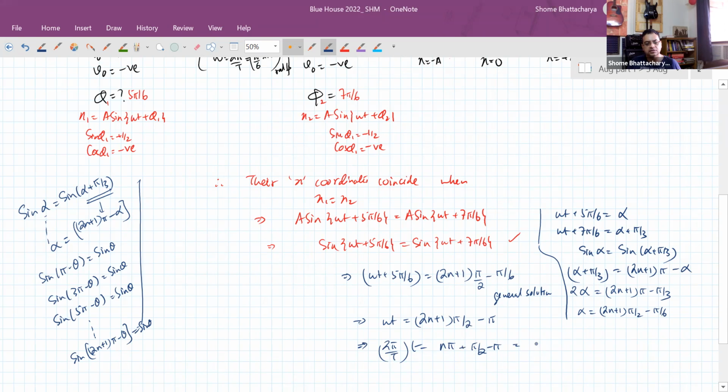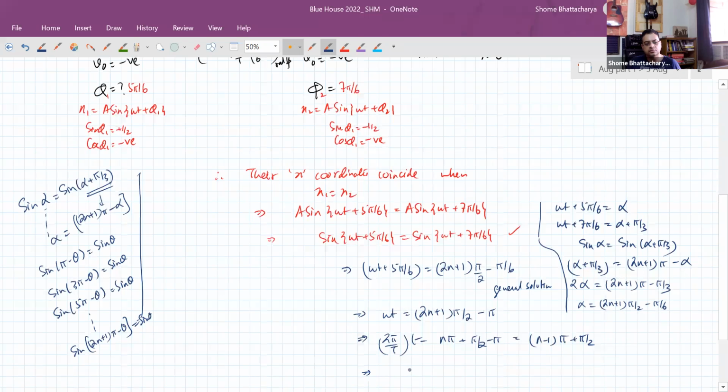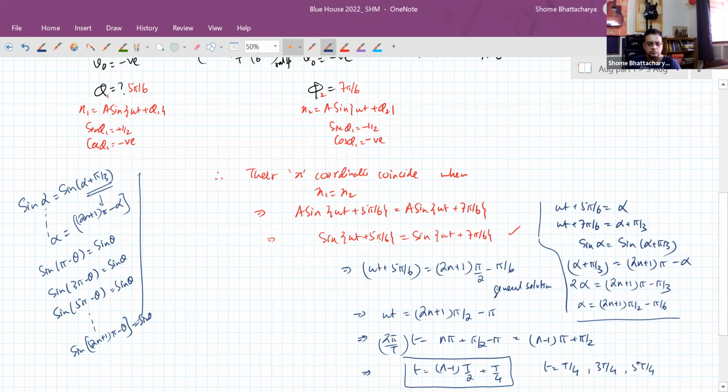So n minus 1 is the same thing as, so the time will be like n minus 1 times T by 2 plus T by 4. So it's these series of times.